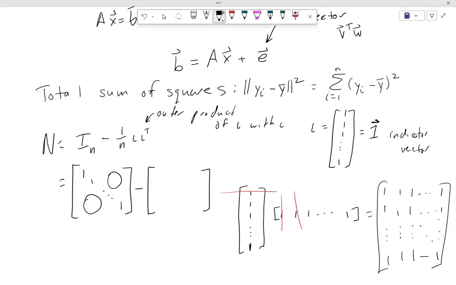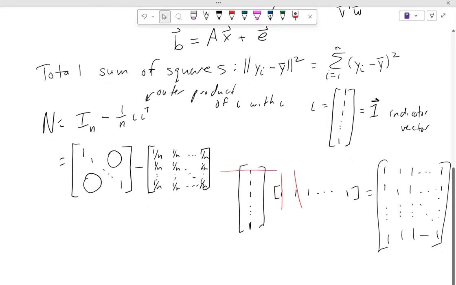So what does 1 over n times that look like? Yeah, they're all 1 over n's. So I got a matrix full of 1 over n's here. That's some bad handwriting, but that's just a bunch of 1 over n's in there.